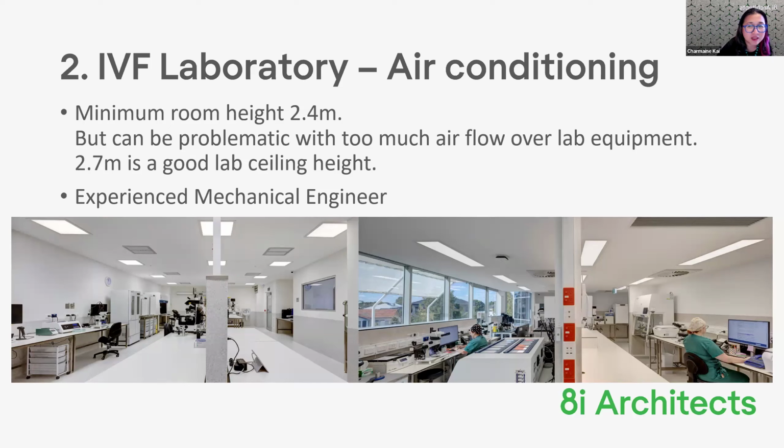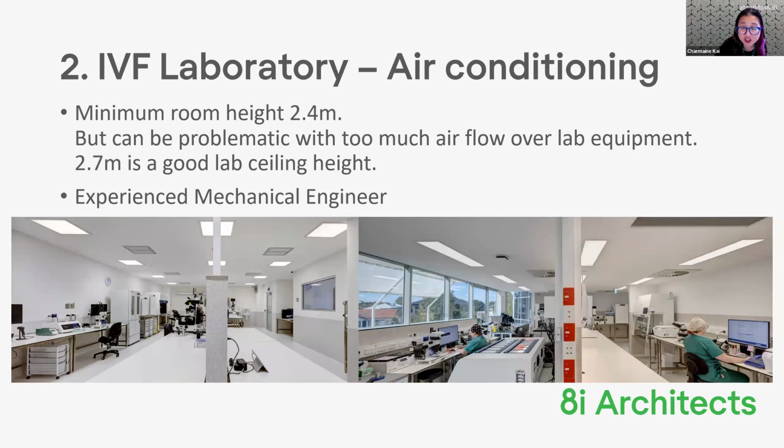Now, the problem with a lower ceiling space is you can get too much air movement in the lab. To achieve the 30 plus 30 pascals generally requires quite a lot of airflow to push through the registers.